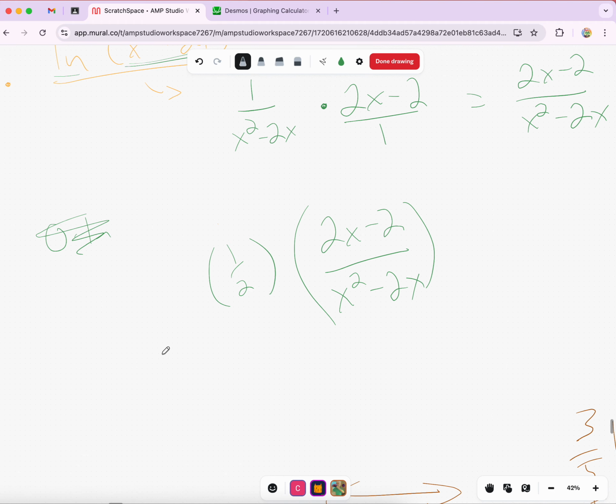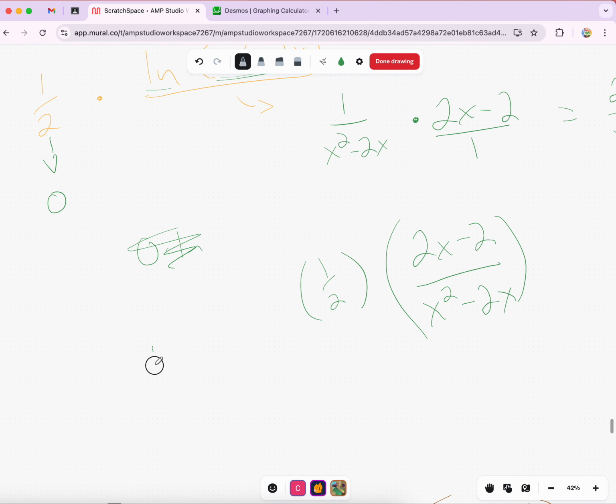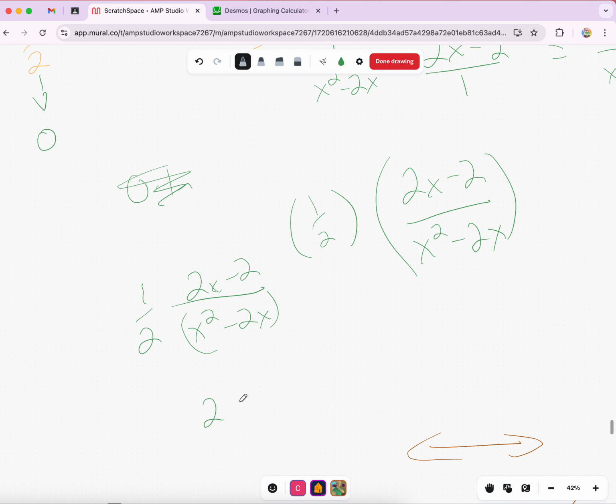And again, we're just multiplying across because it's two fractions being multiplied. So 1/2 and 2x minus 2 over x squared minus 2x. So treat this whole thing, distribute that out. So we've got 2x minus 2 over 2x squared minus 4x. Okay, so that's our next little section.